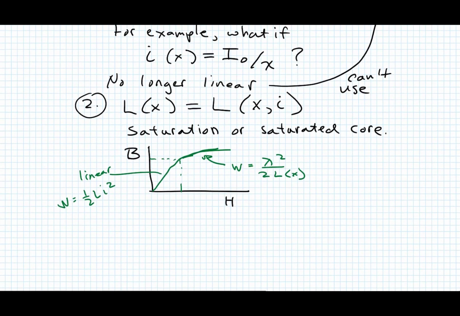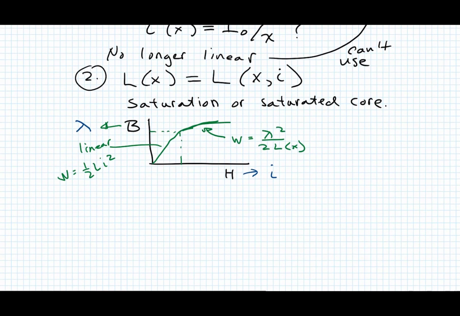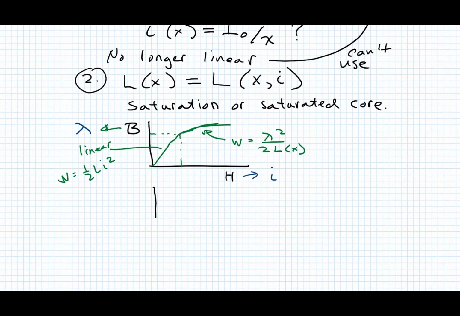And if you remember that this B, as we went through Faraday's law, is proportional to lambda. And H is proportional to a current. So we could rewrite, and we're going to start thinking about these BH curves like this. A lambda I curve. So I could write the same thing here like this.